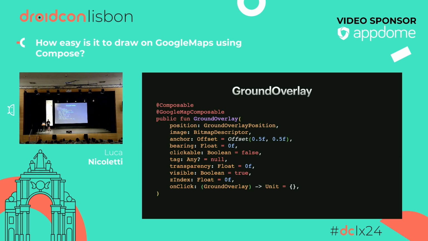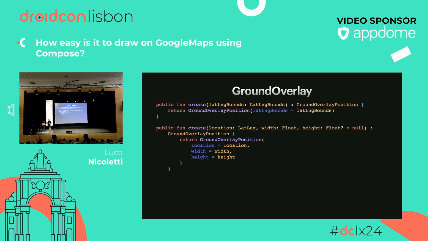The ground overlay is basically just an image that is placed on top of Google Maps, and you have to specify the image itself and the position of the image, which is not a latitude and longitude position alone, but a ground overlay position. A ground overlay position can be created from a latitude and longitude bounds, or from a single position and the width and the height. Basically it creates a rectangle on the map.